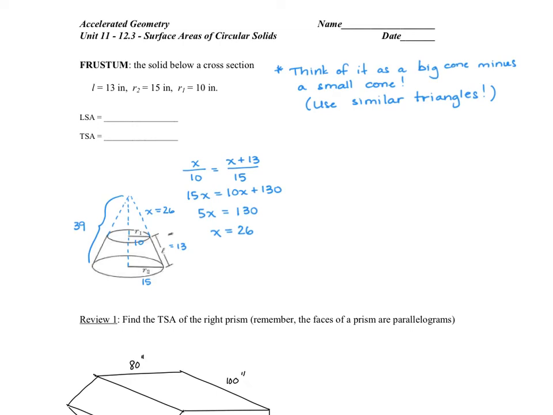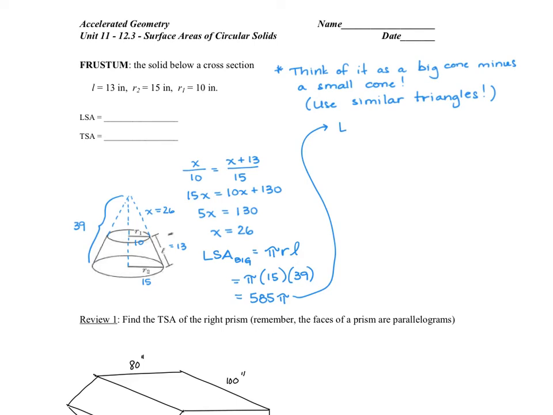So if I want to find the lateral surface area of the bigger cone, I can find that using pi r l. The radius of the bigger cone is 15, and the slant height of the bigger cone is 39. So the exact lateral surface area of the bigger cone is 585 pi.